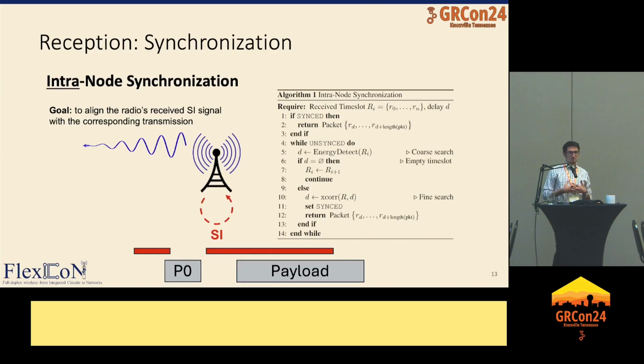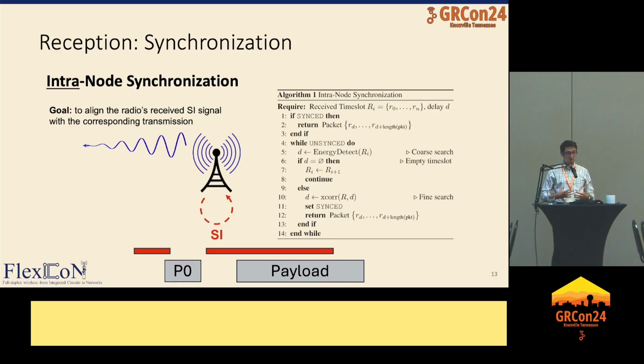Well, fantastic. So we have those in place. The next question is, how do we make sure that, A, we know where our self-interference is, and B, how do we know that we can be aligned with the other node? So this is where our synchronization steps on the receive side come in. So, first of all, you need to have intranode synchronization. You need to be able to know that when your self-interference comes in, you can detect it, you can separate out your pilot slots, your payload. And if you want to have successful digital cancellation, you obviously need to know what you're transmitting.